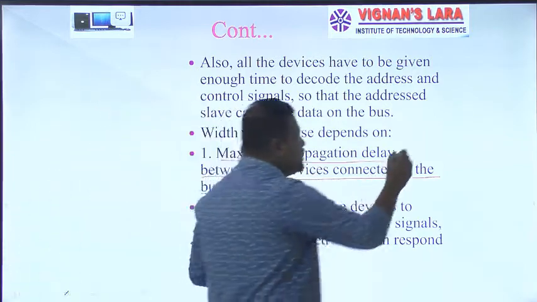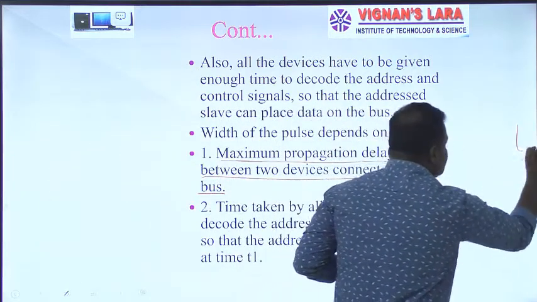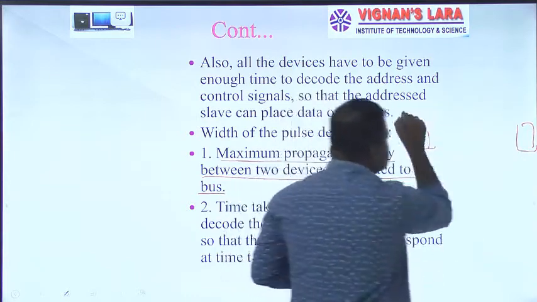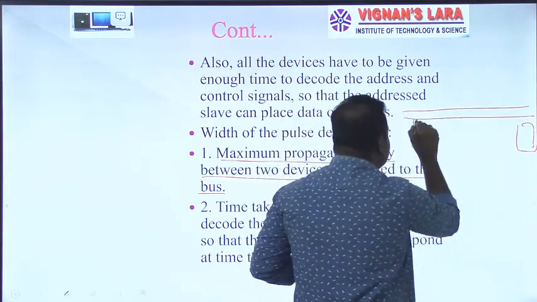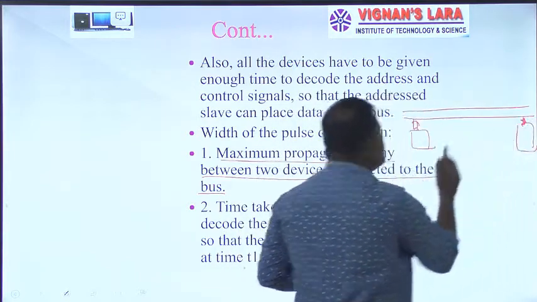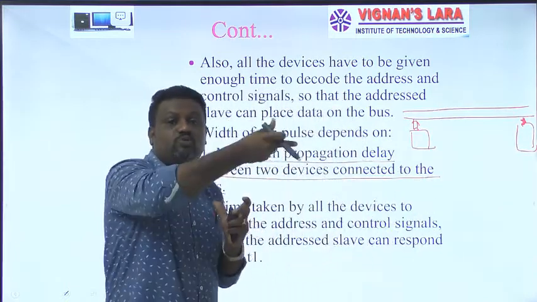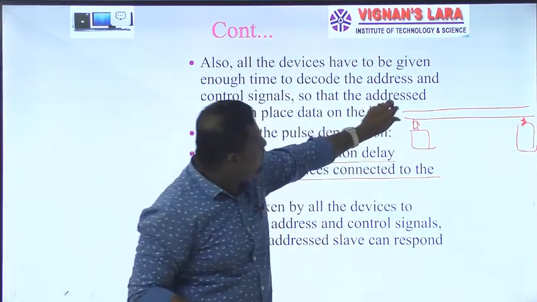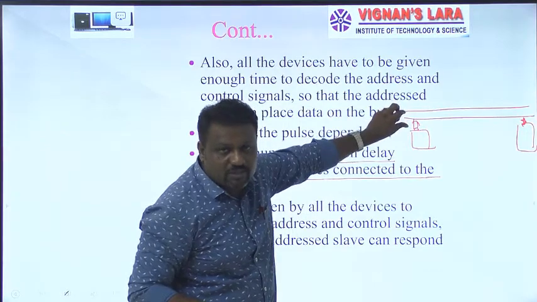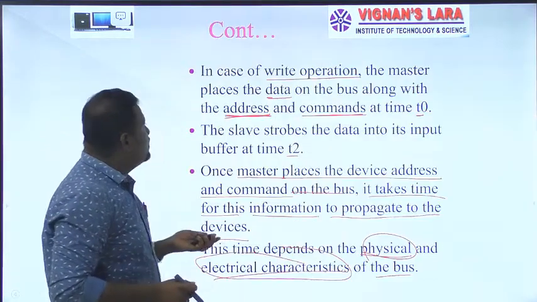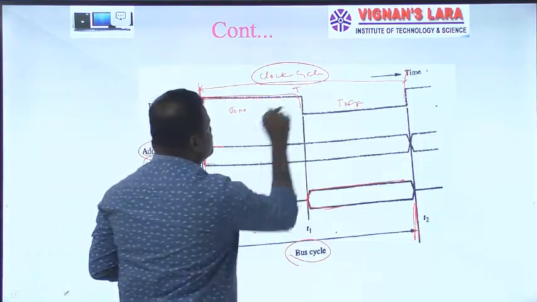For example, here I have one device and somewhere else I have another device. These two devices are connected to this particular bus. The pulse width, or bus clock width, is not this width; I'm talking about this width.